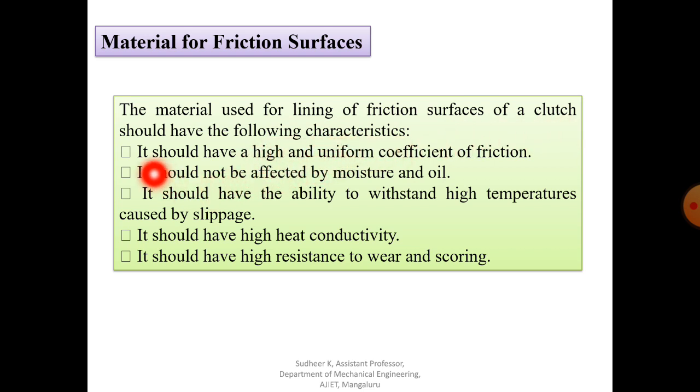First, it should have a high and uniform coefficient of friction, because one of the important principles behind this type of clutch is friction. That's why it should have a high coefficient of friction. Second, it should not be affected by moisture and oil, or any environmental conditions.